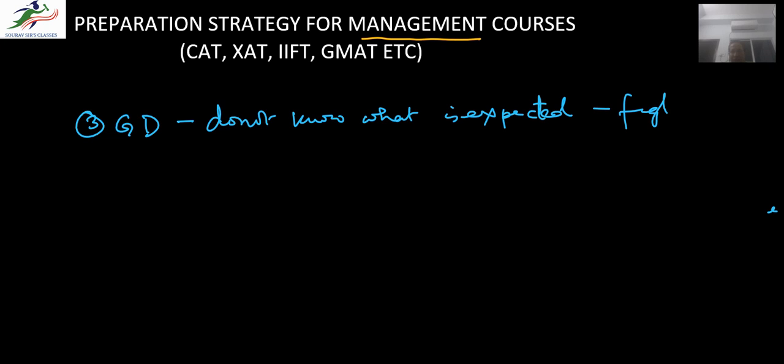The third step in the process is the group discussion. Now, this is a step which most people do not approach correctly. The reason being that they do not know what is expected. Most people tend to think that you go into a group discussion and you just start fighting, pushing your points.